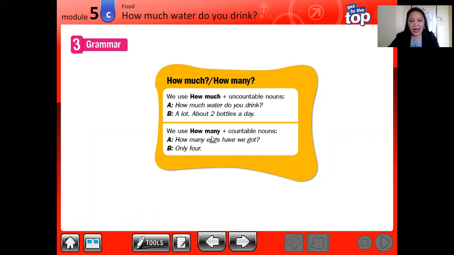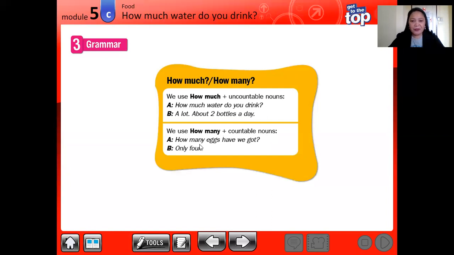What about how many? When are we going to use how many? Ready? We use how many plus countable nouns. Countable nouns like apples, eggs, we can count them. So we use how many when we ask questions.